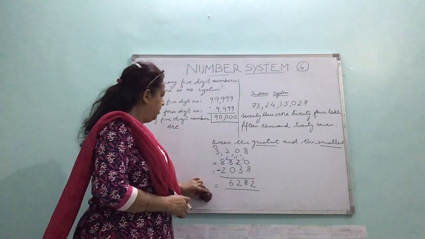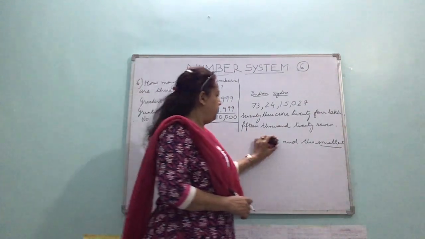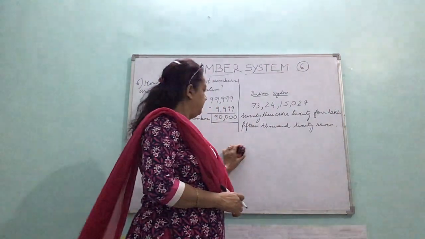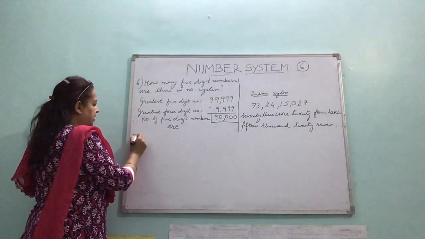How are the divisor, dividend, quotient and remainder related? Okay, one question. That also in division.